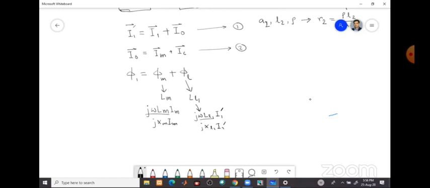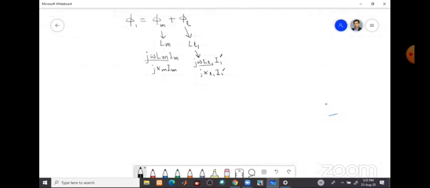Now, if the coils have finite resistance, there will be some voltage drop in the primary as well as in the secondary, and that voltage drop will be proportional to the currents. So in the primary, how many different voltage drops are we getting? One voltage drop we have just discussed, that is I1 into R1.